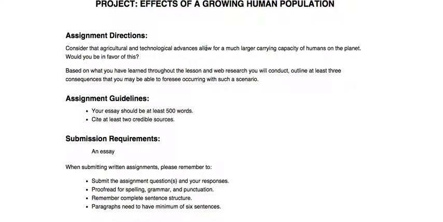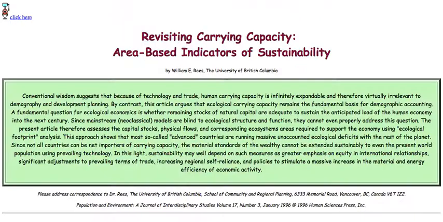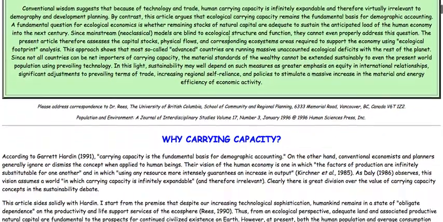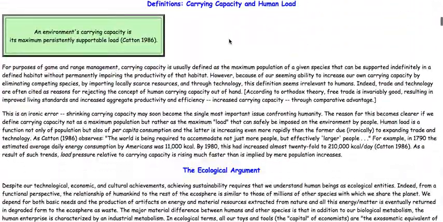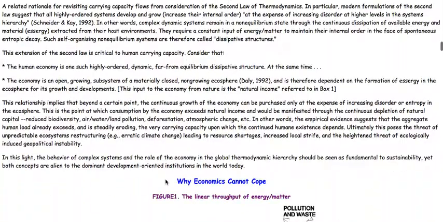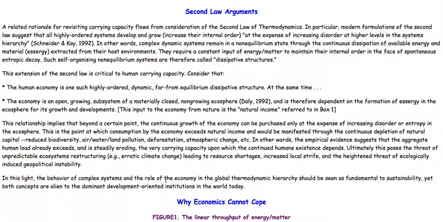So what you're going to do, and I'm going to post this site as a link as well, is go to this website. It's going to talk about carrying capacity and the ecological standpoint. It's going to talk about the second law of thermodynamics and an argument related to that.